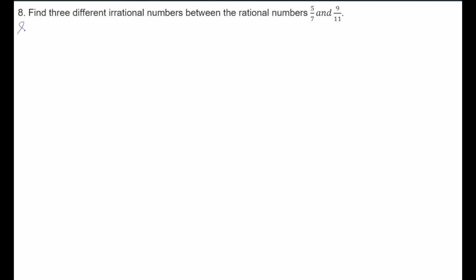Now, this question is a bit different, right? You must have solved the questions which say you need to find rational numbers in between any two given rational numbers. But here we need to find three irrational numbers in between these two given rational numbers.